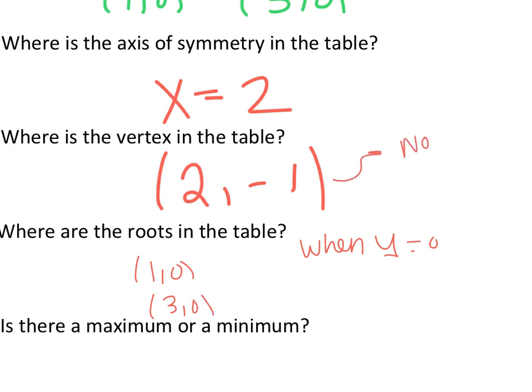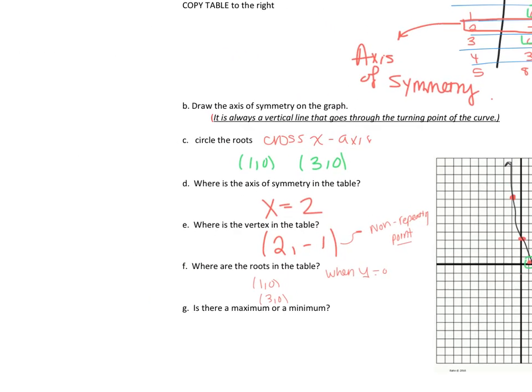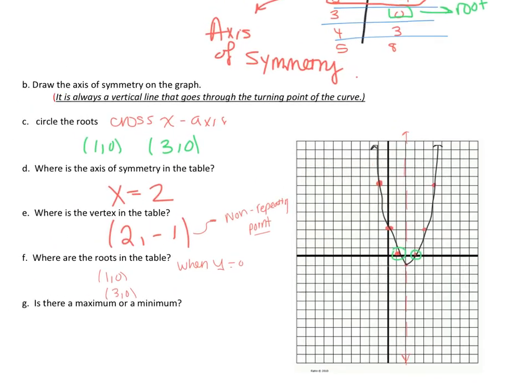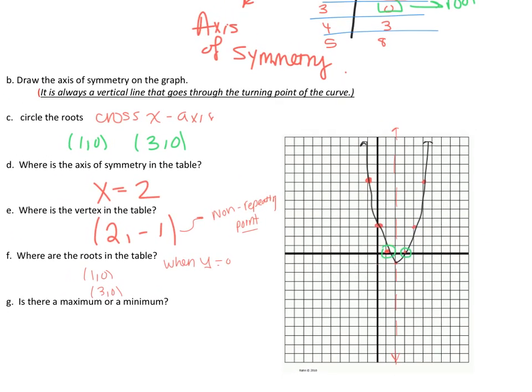It's the non-repeating point. Okay. And then we ask ourselves, is there a max or a min? Well, this is a happy parabola. So it is a min, because look, it only hits that low point.